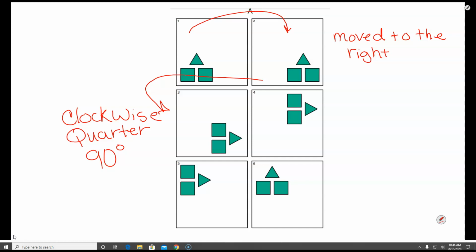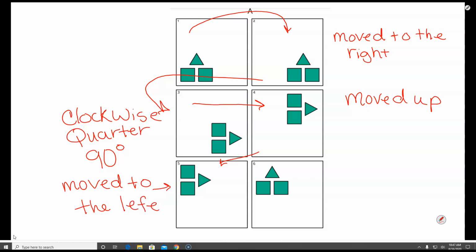Okay. Then let's look at from 3 to 4. What happened here? Oh, looks like it just moved up, didn't it? Moved up. And it didn't spin or anything. So if you said shift up, that's fine too. Okay, so then we're going from 4 to 5, which is right here. What happened here? Looks like it just moved to the left. Move to the left.